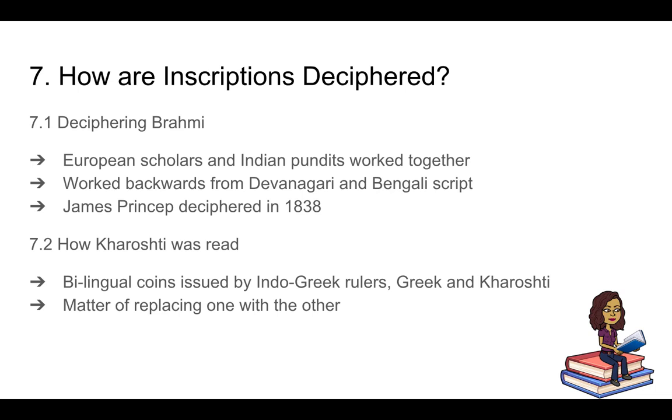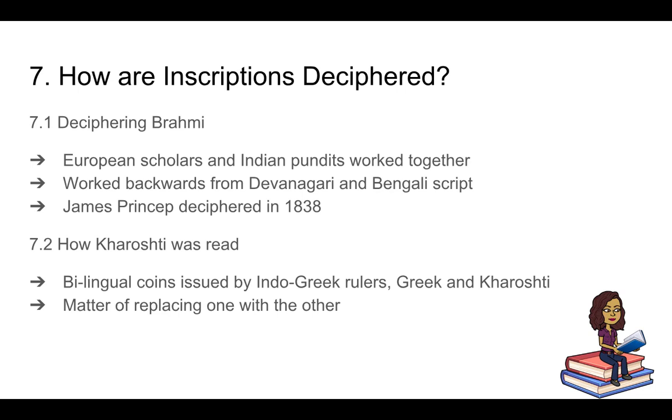But all these inscriptions were written in scripts which were long lost. Now, how did we manage to decipher these inscriptions, especially Brahmi and Kharosthi? For long, European scholars and Indian pundits had been working together to try and figure out what these inscriptions said.